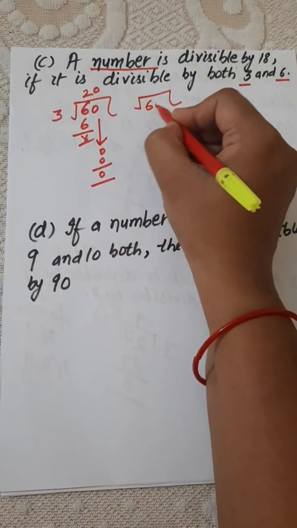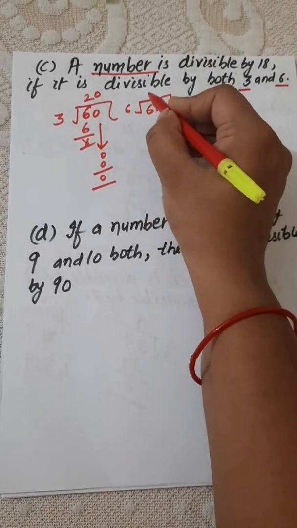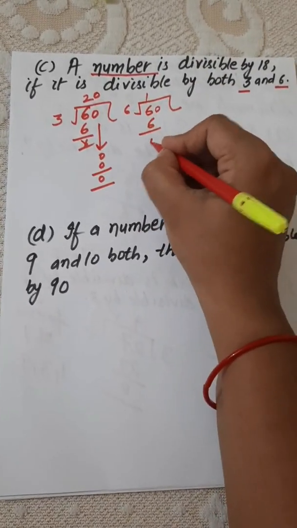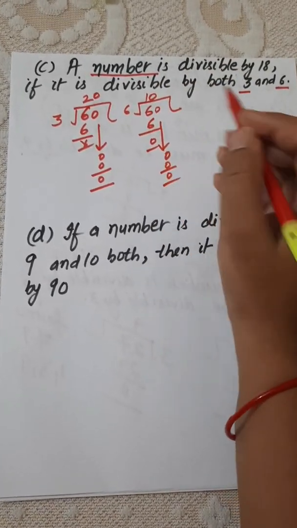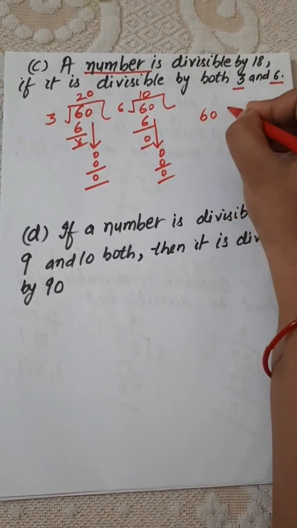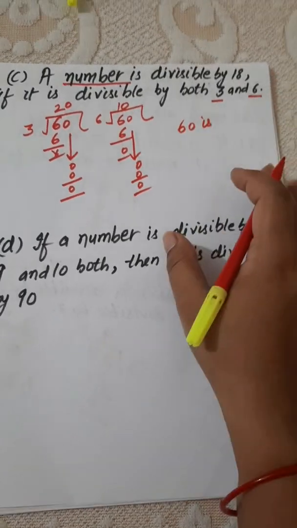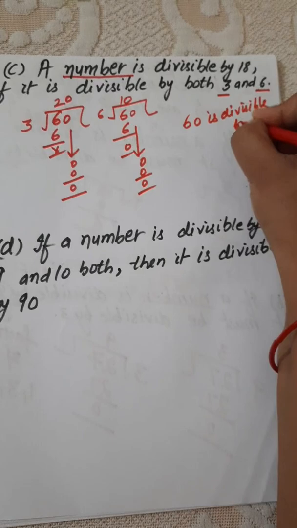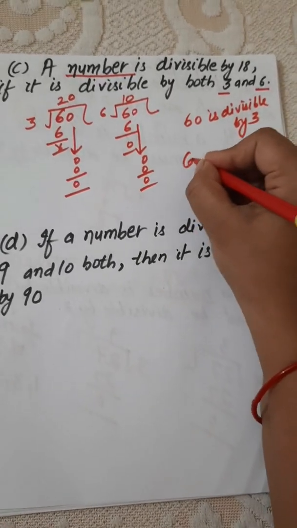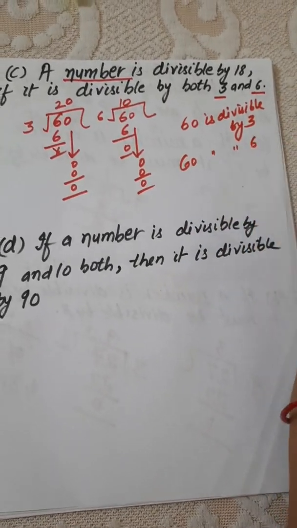And this 60 is again divisible by 6. 6 ones are 6, 0, then 0. Here it means 60 is divisible by 3 and 60 is divisible by 6.